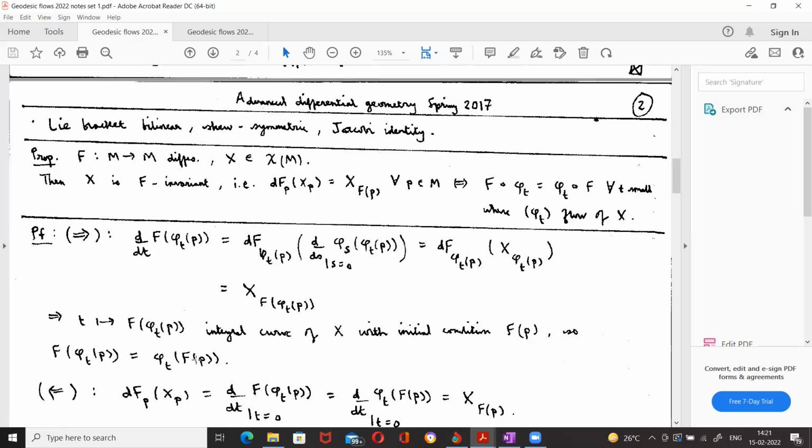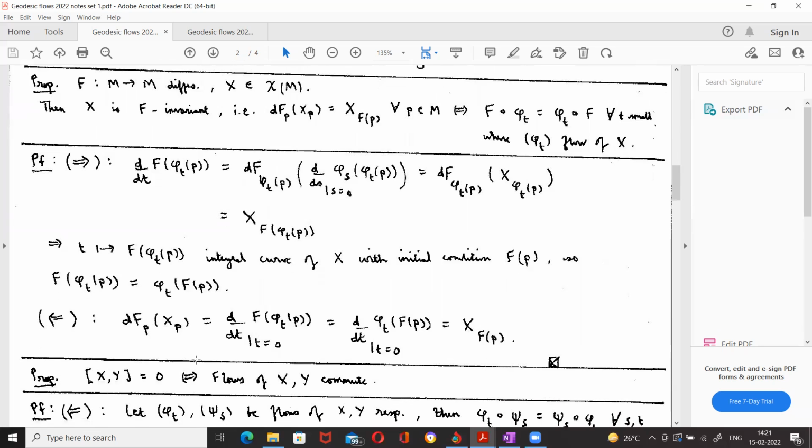Yes. All right. So now the other direction is also straightforward. Suppose that the flow of X commutes with the diffeomorphism f, then we want to show that df_p of X_p is equal to X at f of p.